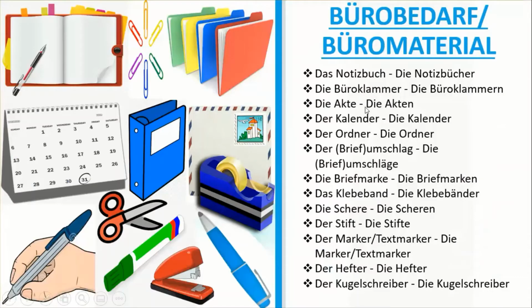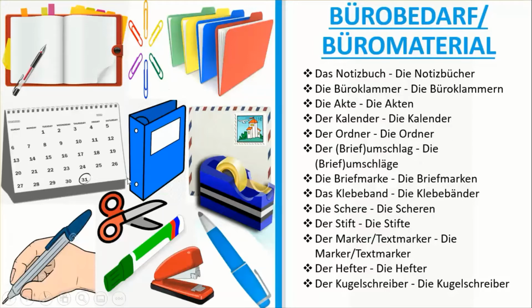Die Akte, die Akten, one file, more files. Der Kalender, die Kalender. So in plural, the calendar word remains the same as in the singular form. Der Ordner, die Ordner.